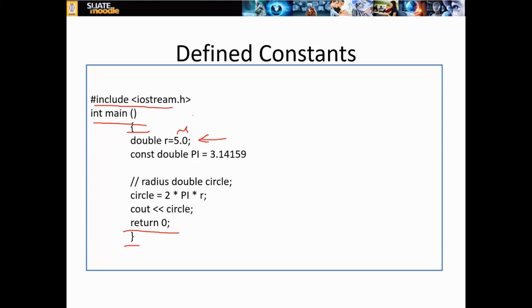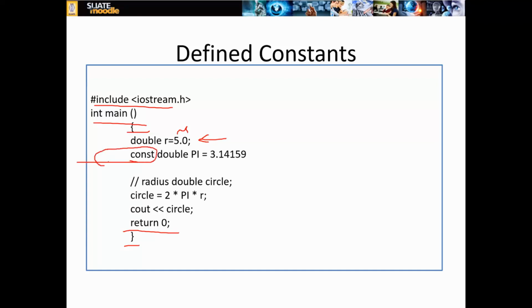The reason for using 5.0 is that you have assigned a double value, right? So 5.0 has a decimal place, and since r is a double data type, you are allowed to use 5.0. And next one, here you see something new.